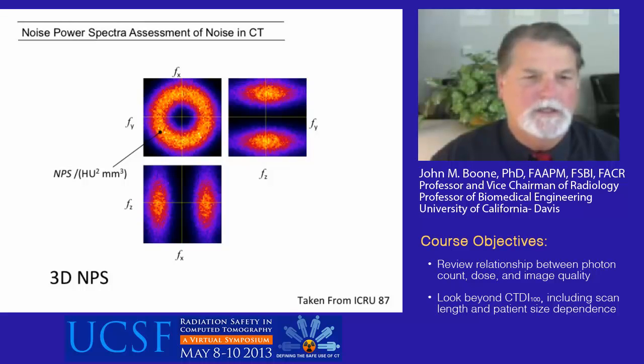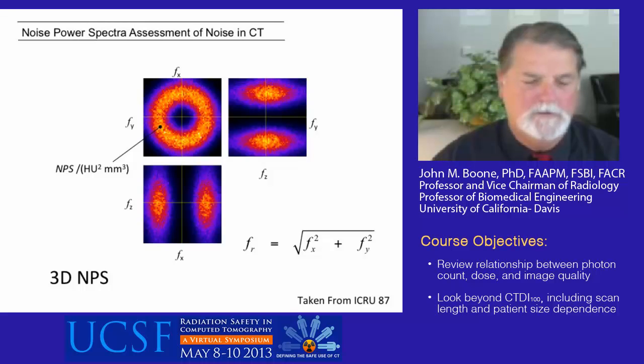Because of symmetry, we can do some radial averaging in the axial plane, shown on this slide, and we still have a 3D noise power spectrum, but if we collapse the frequency domains in the X and Y dimensions, we can collapse that to an f of r dimension, as we see on this slide.